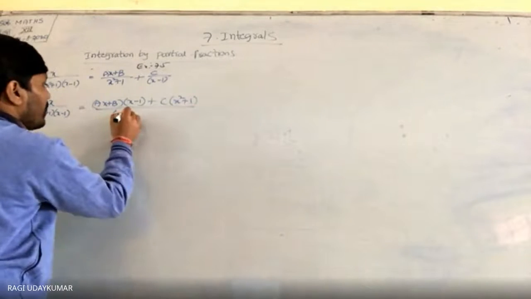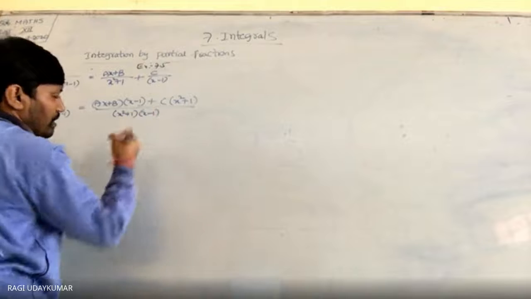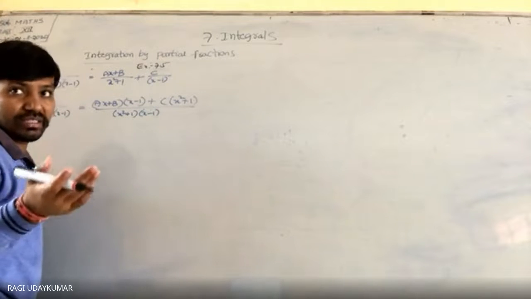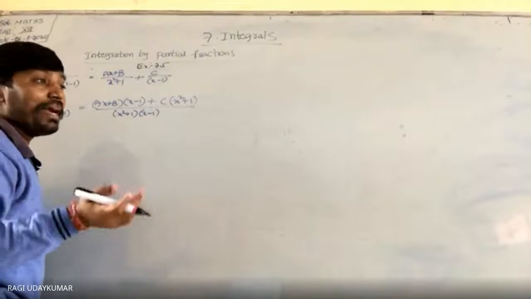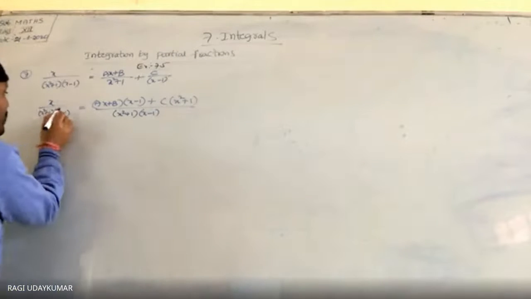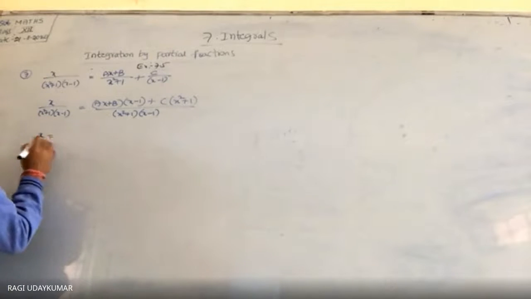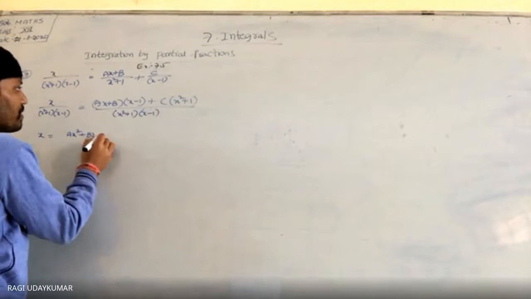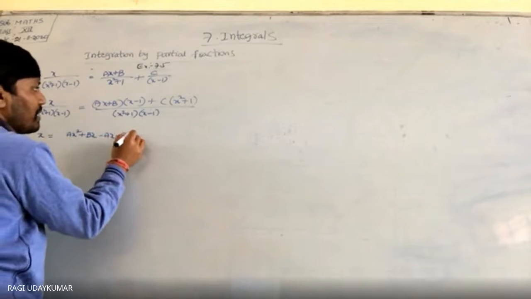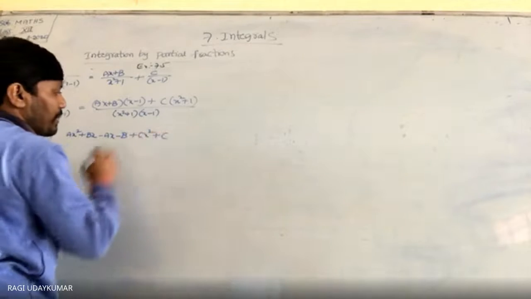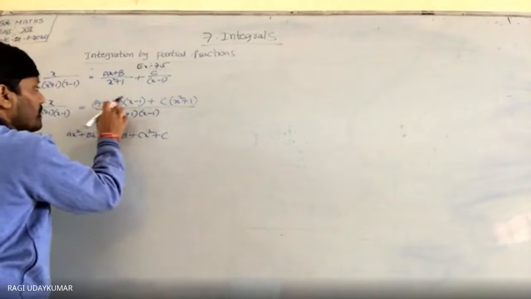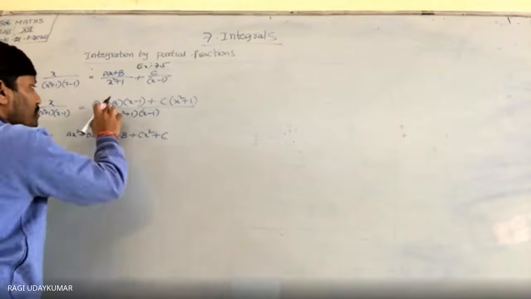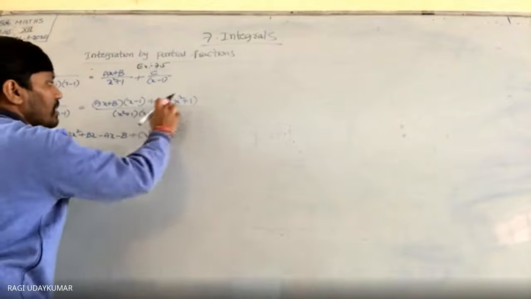The denominator, x square plus 1 into x minus 1, cancels on both sides. Till now we have learned finding the constants using substitution; here you have to compare the coefficients. So x is equal to ax square plus bx minus ax minus b plus cx square plus c. That is ax into x is ax square, b into x is bx, ax into minus 1 is minus ax, b into minus 1 is minus b, c into x square, c into 1.